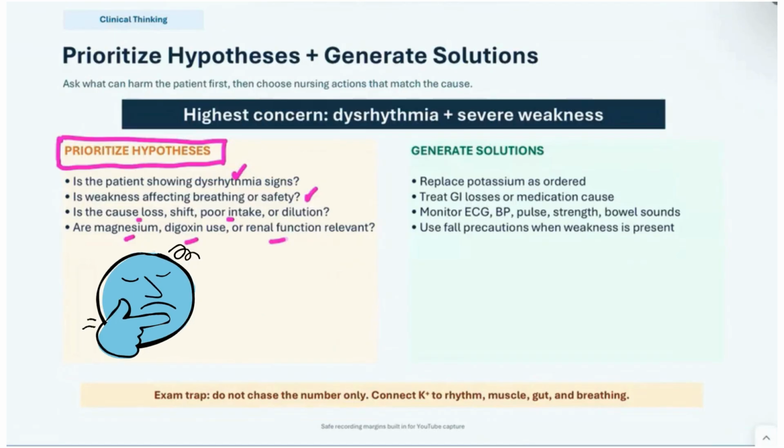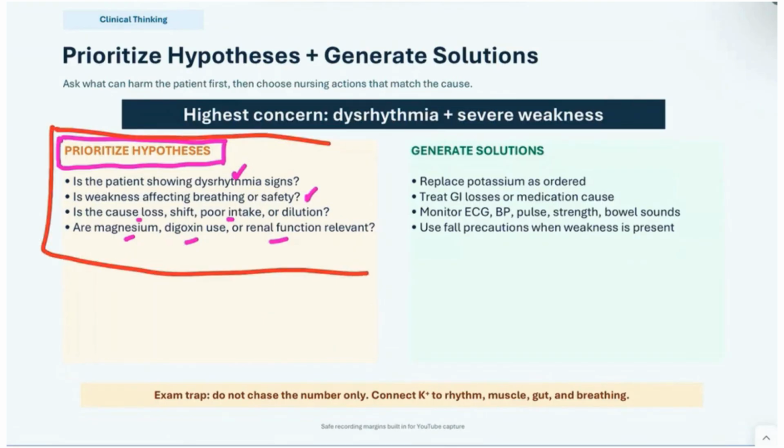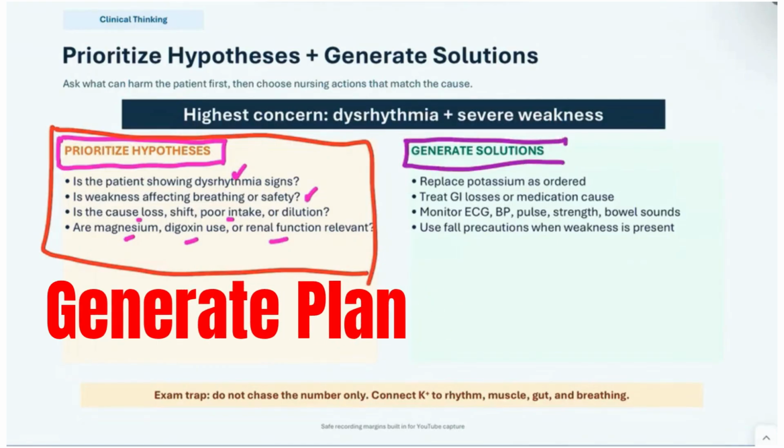Once you identify the most concerning problems, which is the focus of this section, and the likely causes of hypokalemia, now you can generate solutions. That's the next step in the clinical judgment model. Now you can generate solutions that actually match what is happening.